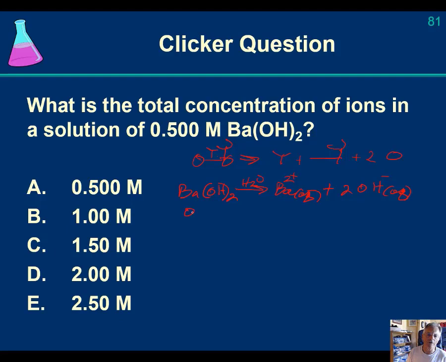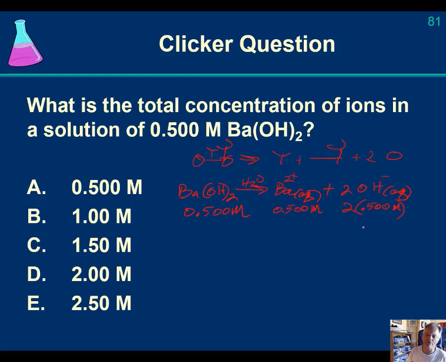If this is 0.500 molar, then it's a 1 for 1, so the barium ion will be 0.500 molar. But I'll have 2 times 0.500 molar of the hydroxide ion.